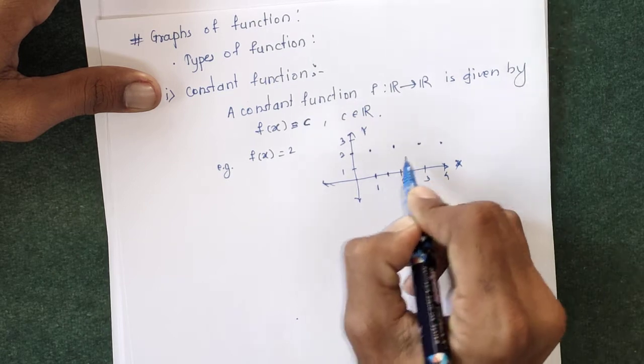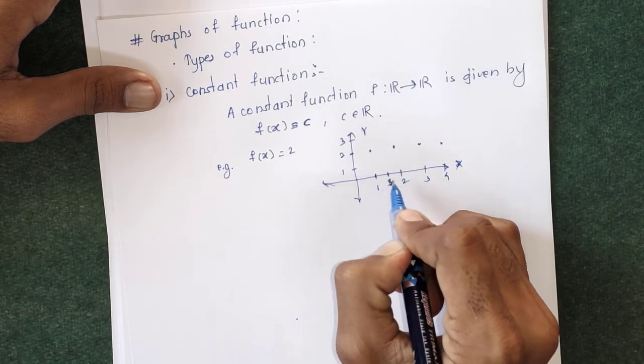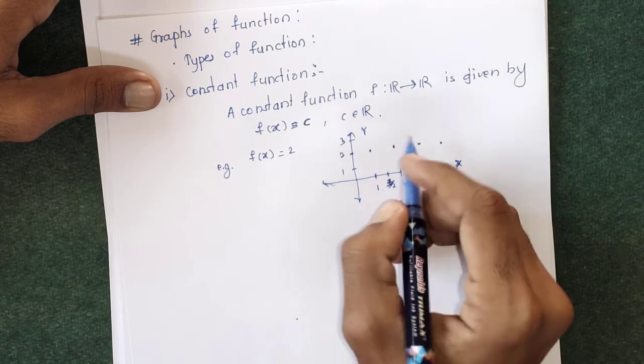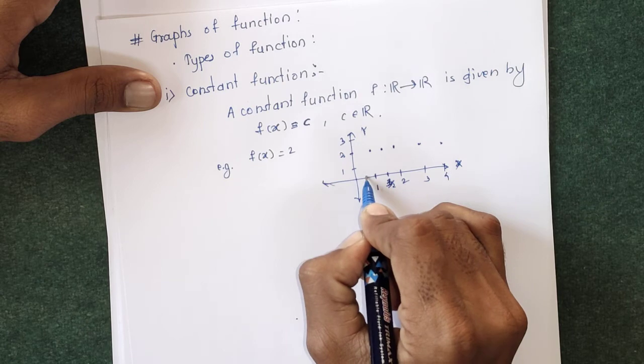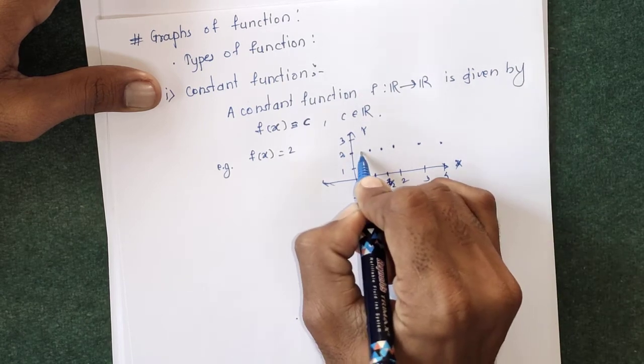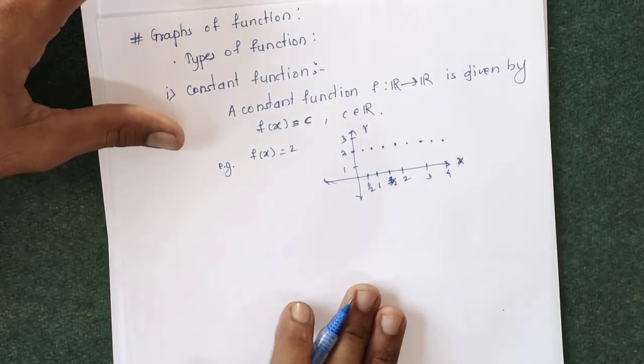If you take f of 3 by 2, for the constant function it is again 2, and f of 1 by 2 is again 2. So this is the graph of the given constant function.